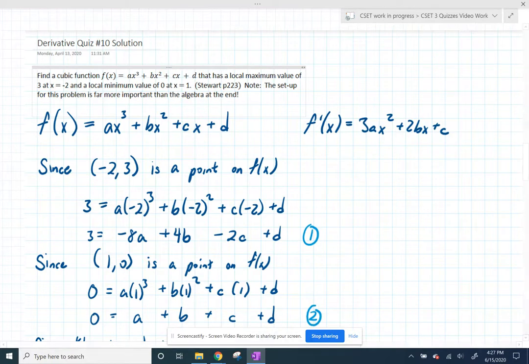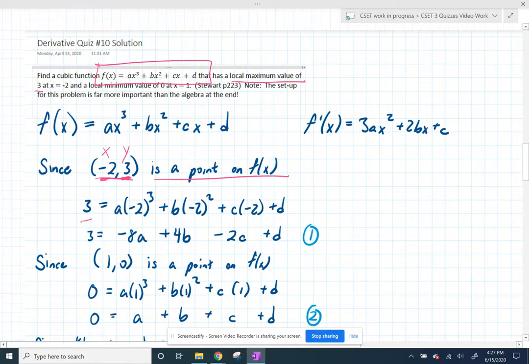So first off, they say they have a local maximum value of 3 when x is negative 2. So the point when x is negative 2, y is 3, better be on your function, right? So plugging it into the original function, that ordered pair had better be on your graph. So when x is negative 2, the y value should be 3.